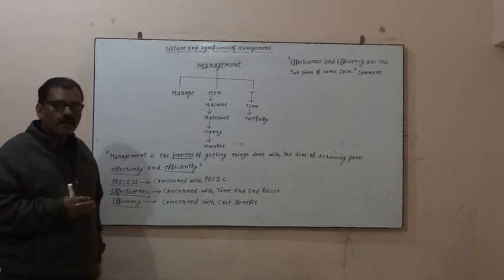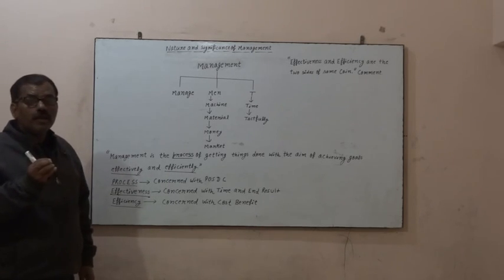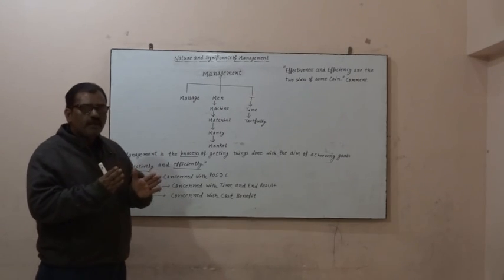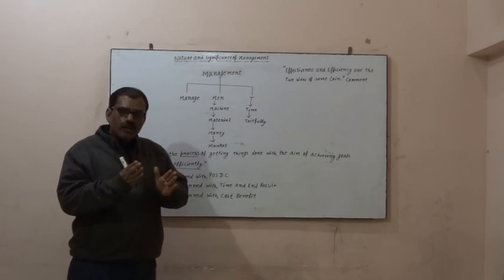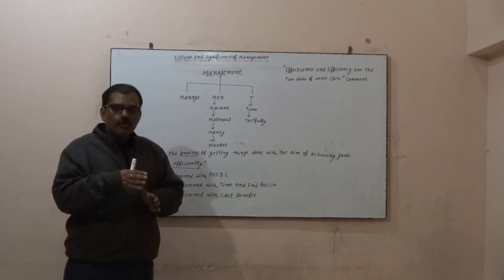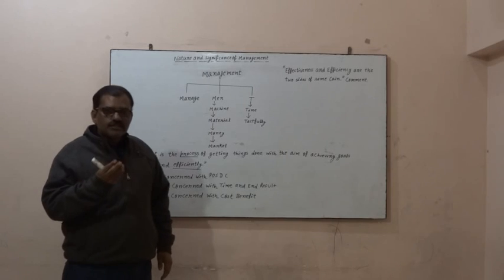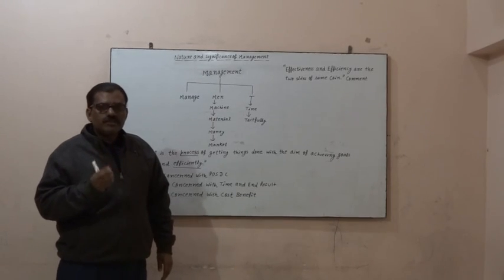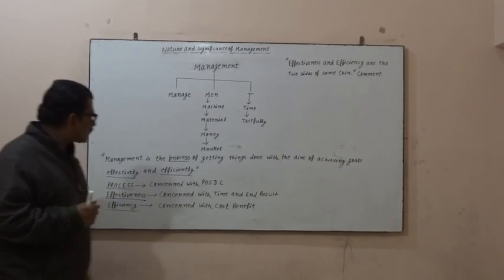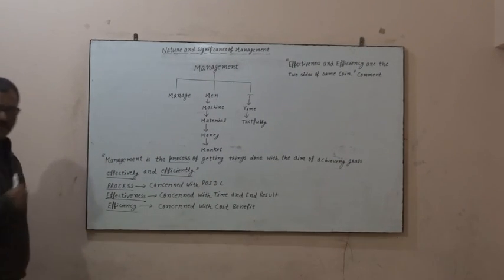What will happen then? Cost of the product will increase, but it does not matter. If he is achieving the target with more input, even if he is using more input and he is getting his target on time, we will say that that manager is effective. I think you must have understood the word effectiveness.